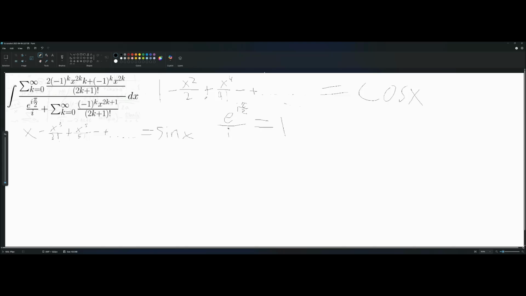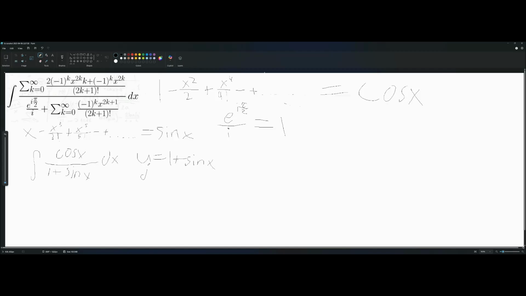So now, when we rewrite this integral, we just see that this is the integral of cosine of x divided by 1 plus sine of x dx. And now this is just an easy u substitution. Let's let u equal 1 plus sine of x.